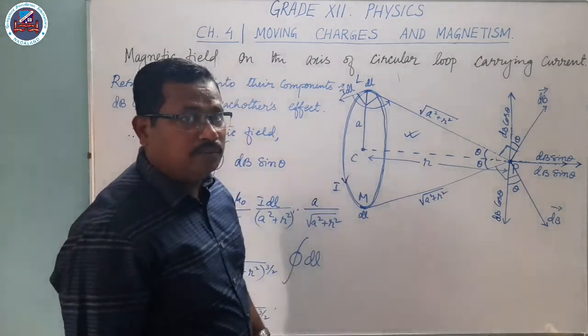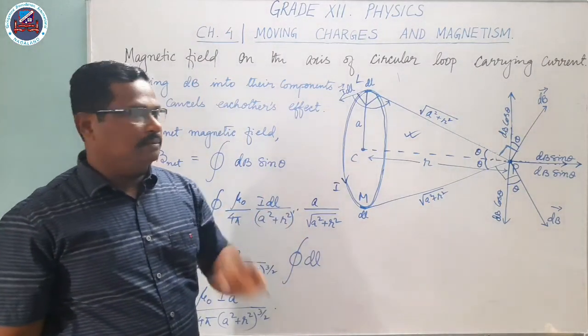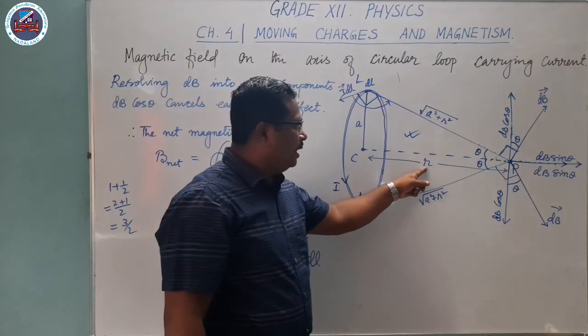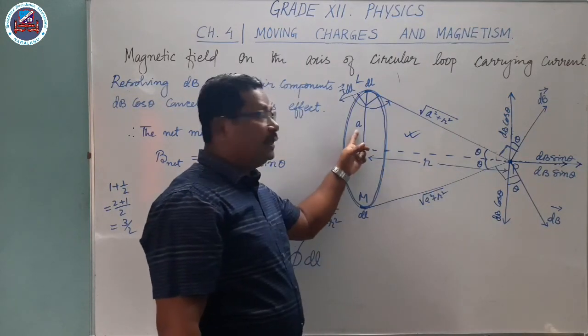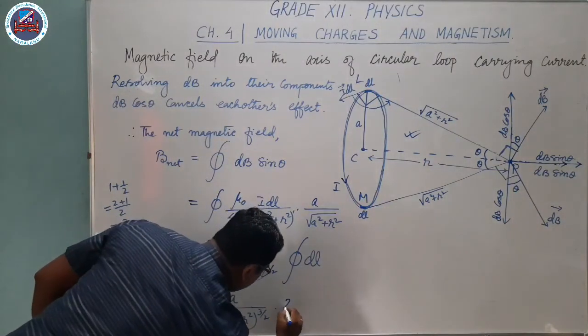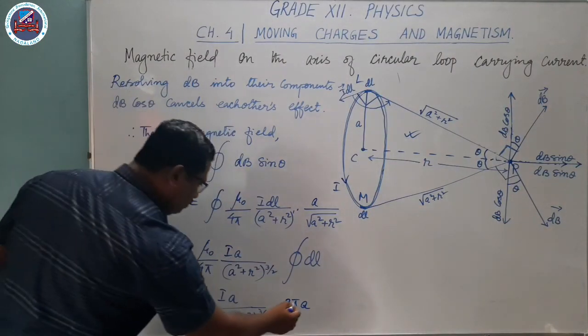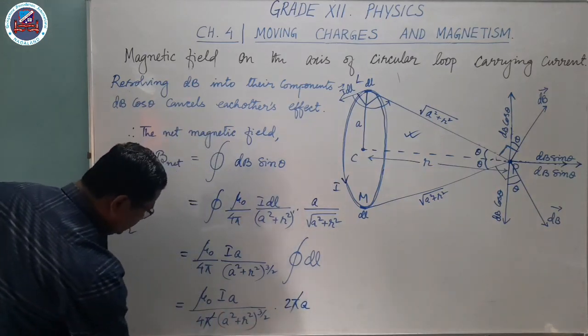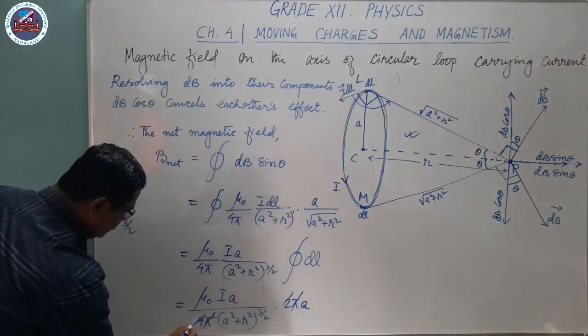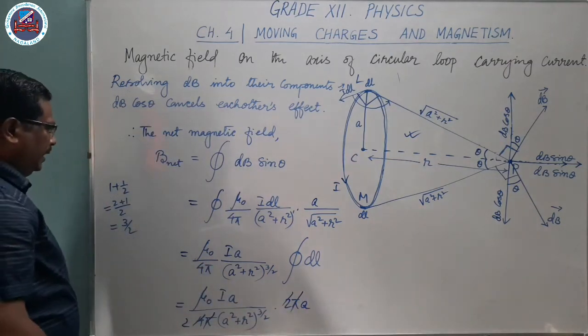And circumference formula, you know, it is 2 pi the radius r, 2 pi r. But here radius is not r, r is the distance, radius is a. So you write 2 pi a. Now pi you can cancel out. 2 times is 4, and this a into a will become A square.